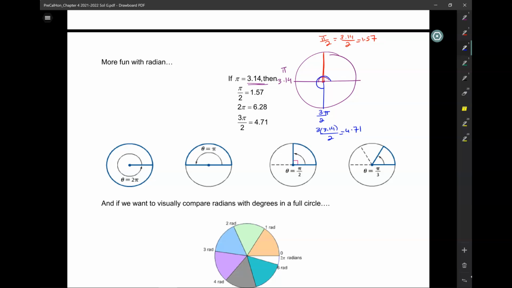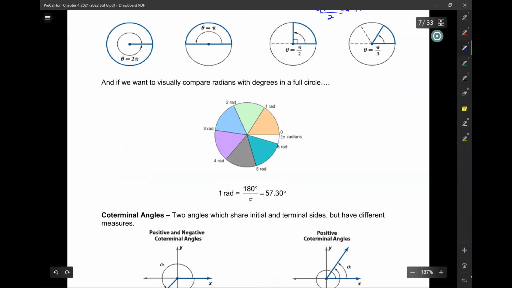Okay, if I have an angle of 5 pi, like if this is 3.14, this is 6.28 because it's 2 pi, 2 times 3.14. So if I have an angle of 5 pi, I should know that it falls somewhere over here, okay? You can see better here, okay? Yeah. All right.